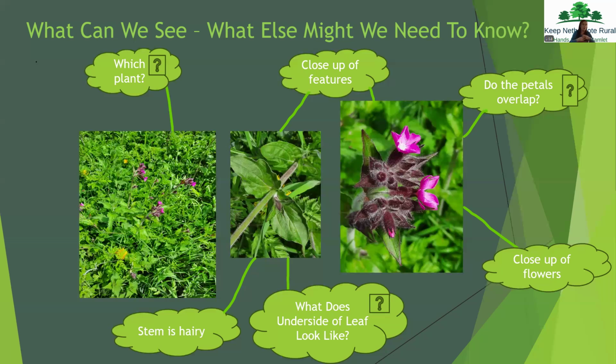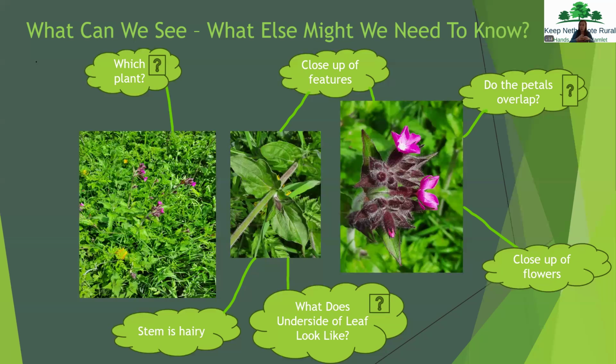So as I mentioned on the left-hand picture, which plant have we observed? What is our record for? Because of course in that picture we can see a whole load of different species. So this wouldn't enable a verifier to know, yes, that is the record.